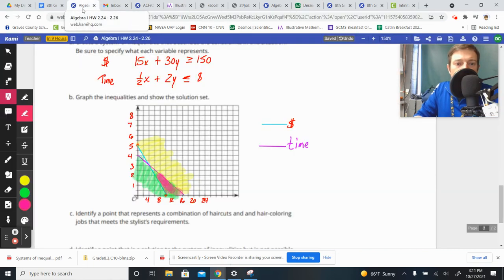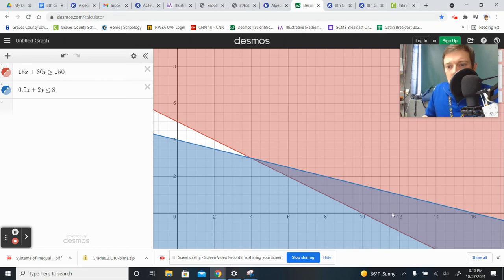All right, so identify a point that represents a combination that meets the stylus requirements. Let's pick one inside of it that meets the requirements. I'm going to go with, I don't know, 12x. No, let's do 10 and 1. Over 10, up 1.